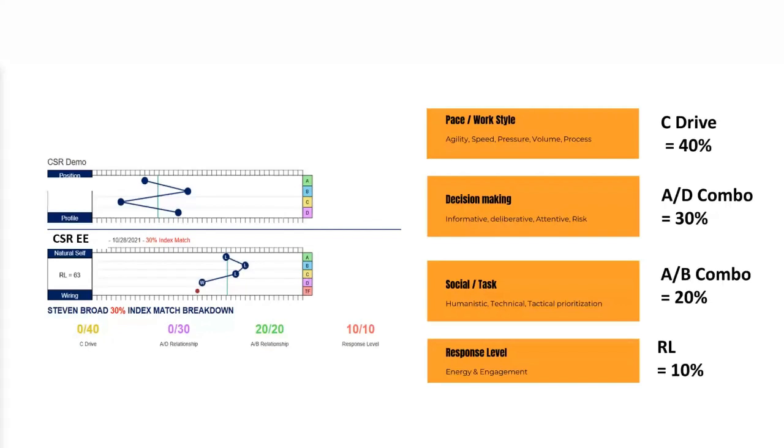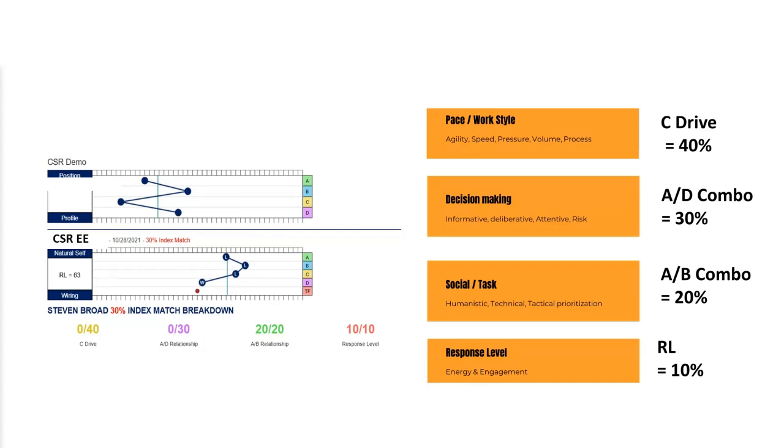So that 20% helps to explain that. But again, if it was task over social, we're only talking about a 20 percentage point deficit. But what's that going to cost you in regards to accommodating that gap? And then the response level to 10%.